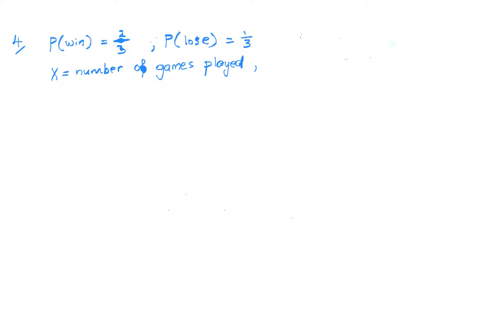Okay, so this is question 4 situation. So now we have one outcome. So I'm going to use listing out win, win, win, win. So what is the probability of this team win all the 4 games?